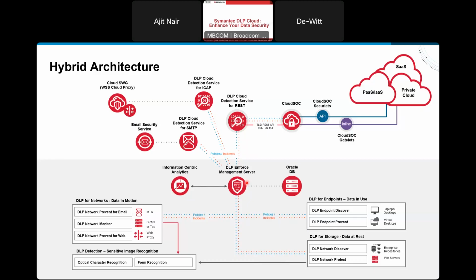And Gatelets are the inline inspection way of detecting data which is in motion, right? On the left over here, you will see the different components they can integrate with. For example, our Cloud Suite can integrate with our ICAP service, and our email security service can integrate with SMTP as well.